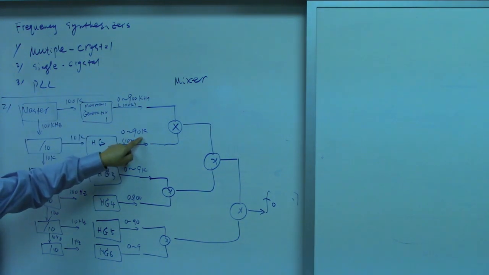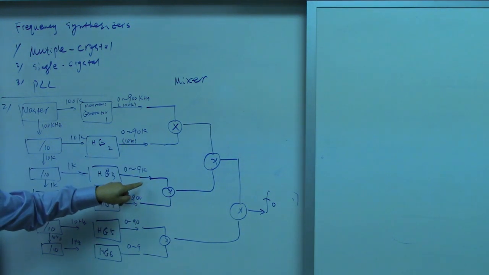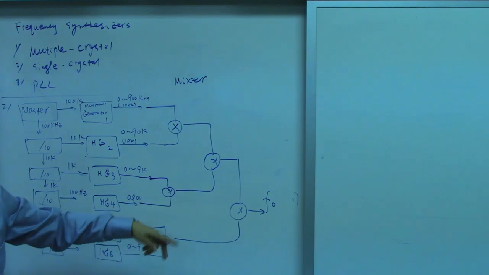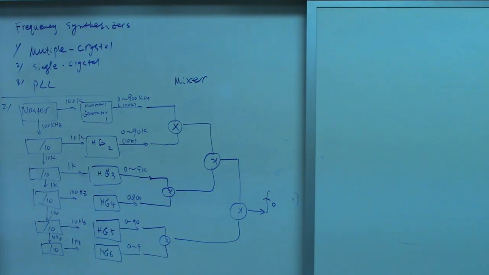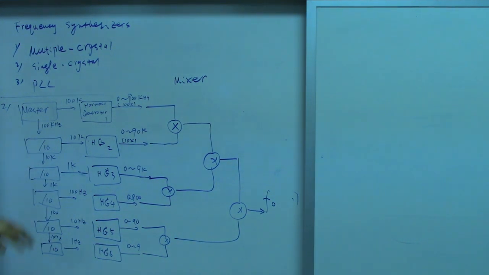Alright, we add to this 990, then we add to this 9K, 900, so the maximum is 999,999. What's the minimum? Oh, the minimum is all zeros. So the frequency can be from 0 to 1 meg minus 1. So the maximum is less than 1 meg, and the minimum equals just 0, or you can say 1.